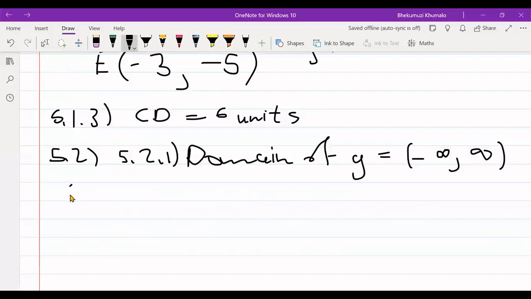Or you could have said the domain is an element of all real numbers. So basically all the numbers from negative infinity to positive infinity. Same thing. And this is called interval notation, and here it's set builder notation.